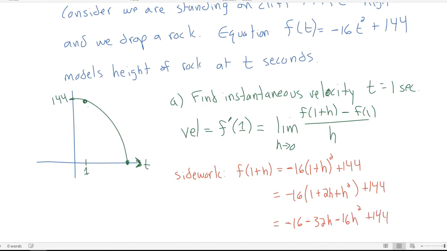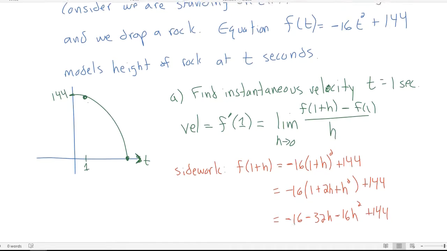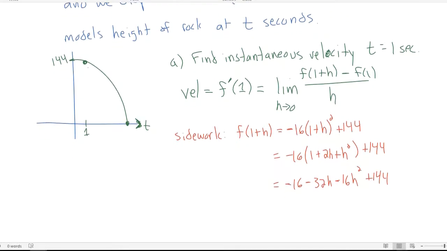So the last thing I want to do here is combine like terms. I'm going to rearrange in descending order. So I'm going to have negative 16h squared minus 32h, and then 144 minus 16 would give me 128.